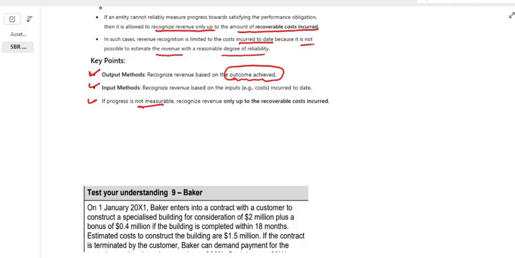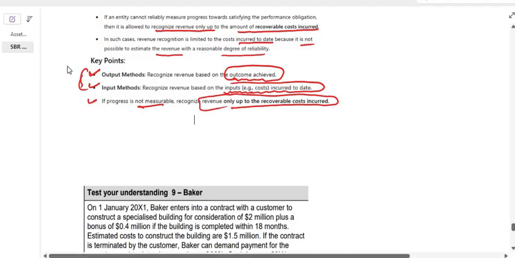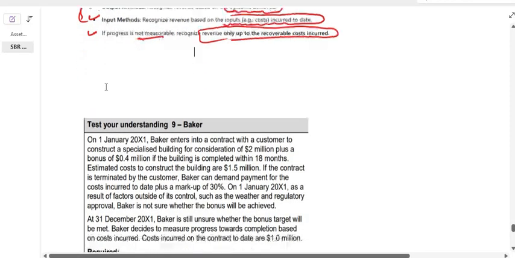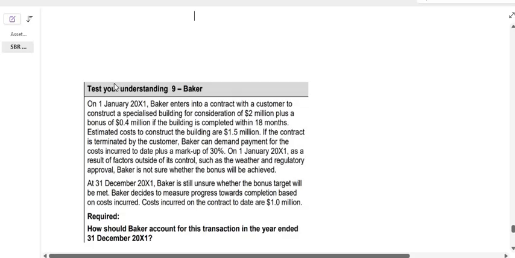By the input method, we have the progress based on the input, meaning the cost incurred to date. And if both of these do not give a reliable measure of the progress toward satisfaction, then you have to use the recoverable cost incurred as revenue. Clear?